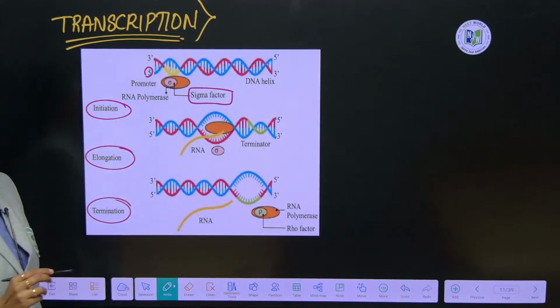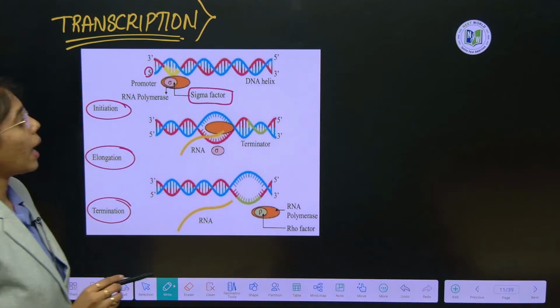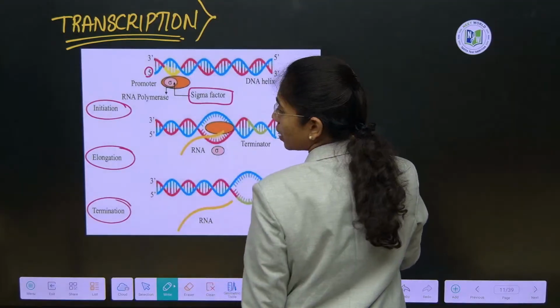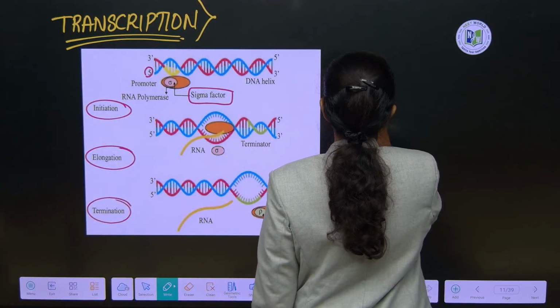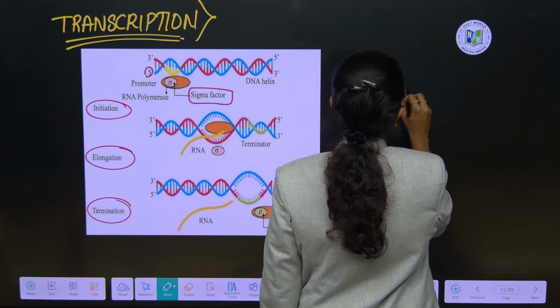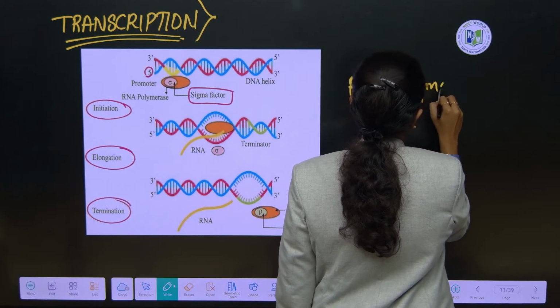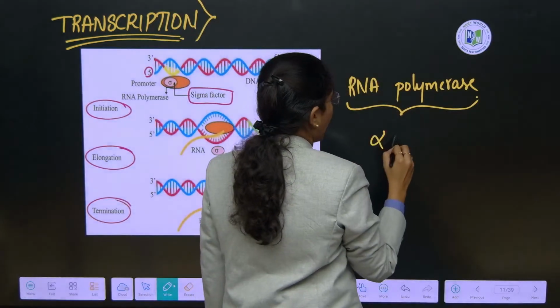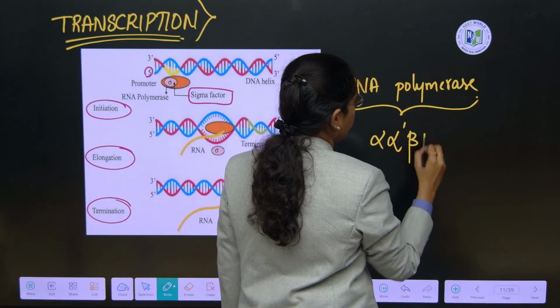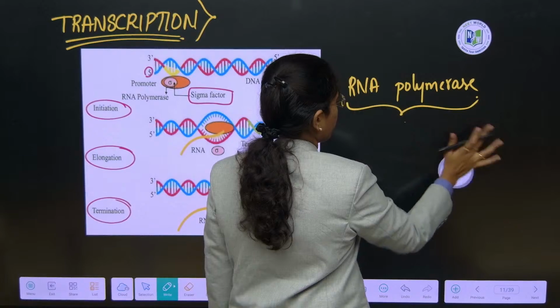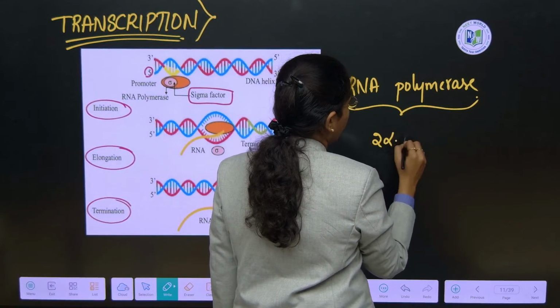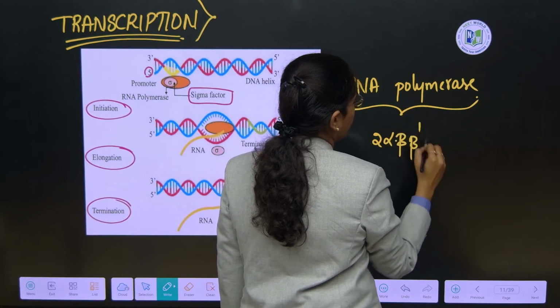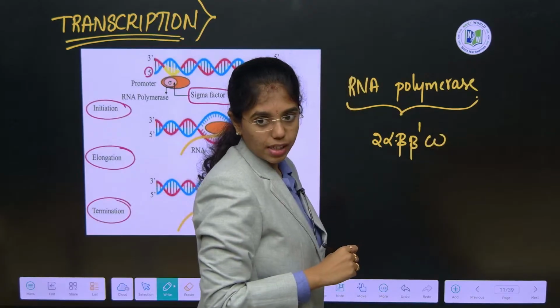Sigma factor along with RNA polymerase. RNA polymerase will have these subunits, alpha, alpha 1, you can say 2 alpha, beta, beta 1 and omega, total 5 subunits, right.